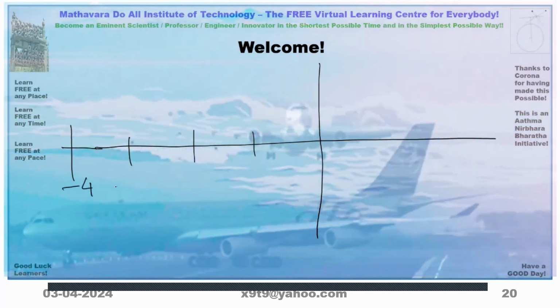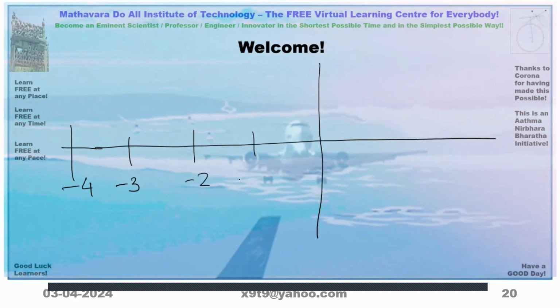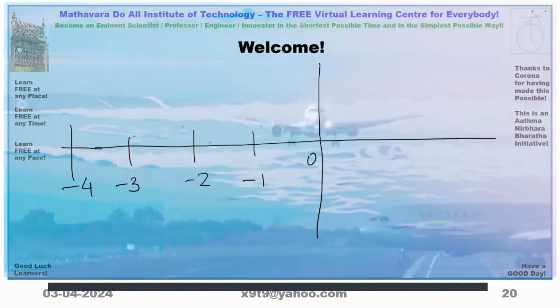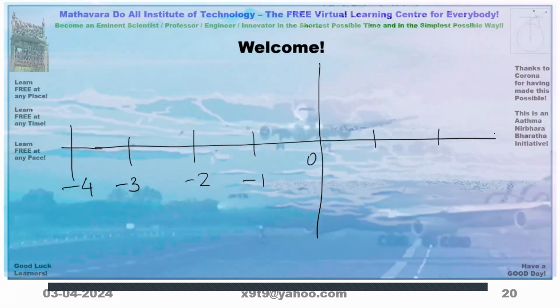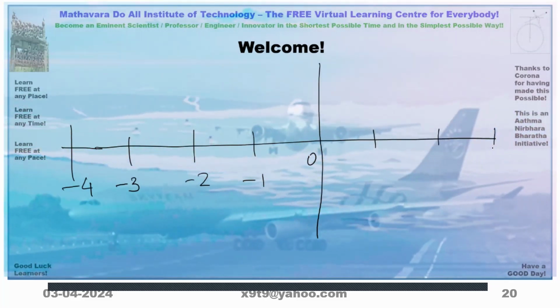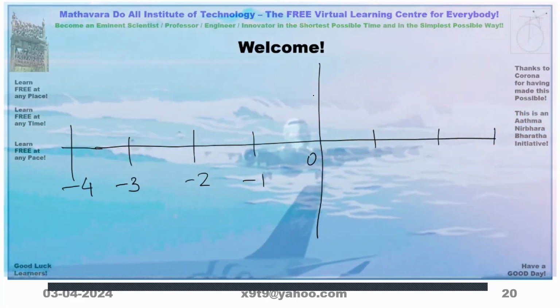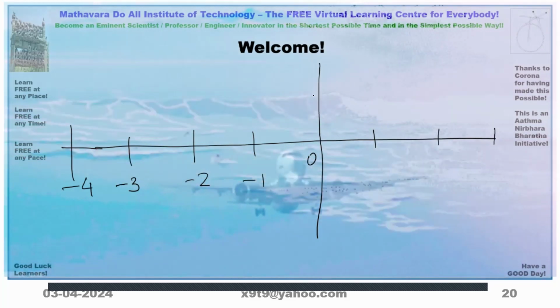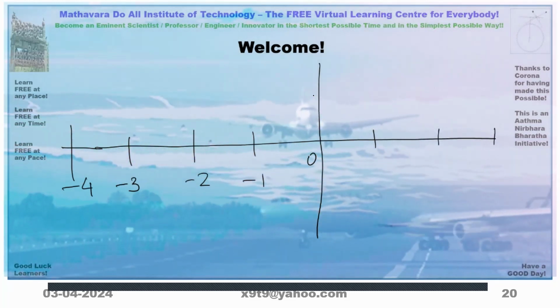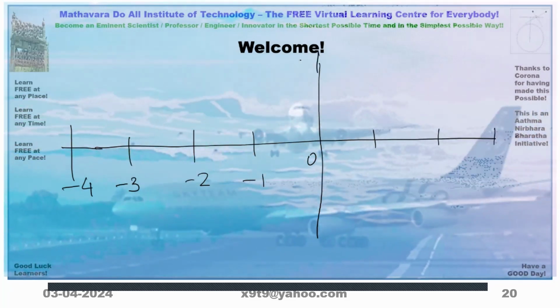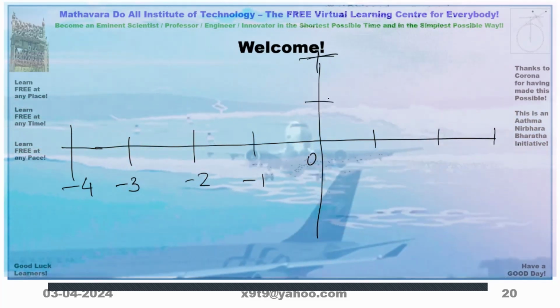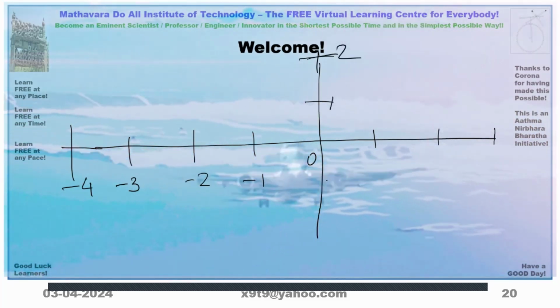See, minus 4, minus 3, minus 2, minus 1, 0, 1, 2, 3, it goes that side. So here also we have to give something. I think we got the maximum value was something like 2. So I will take 1 here, 2 there.